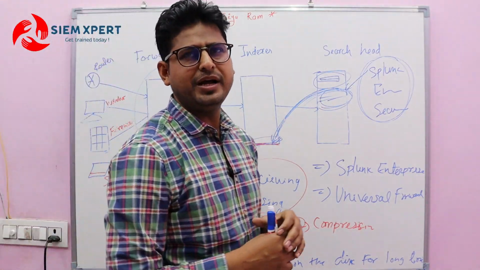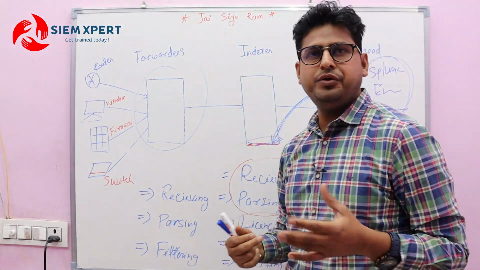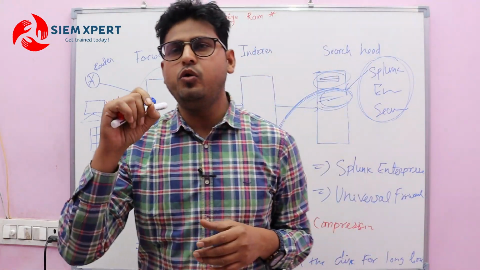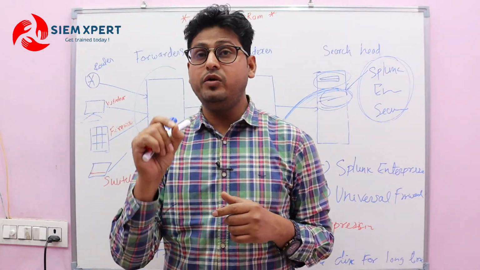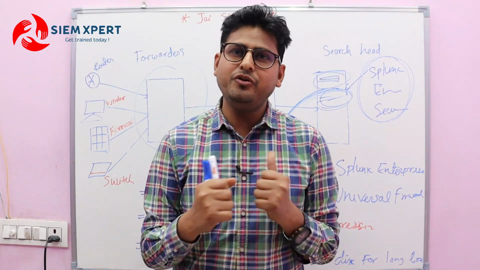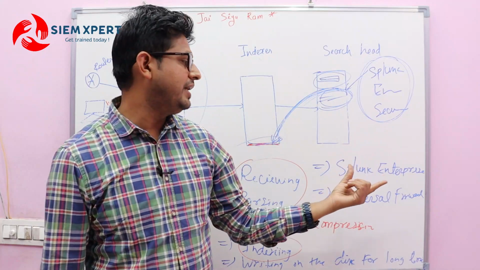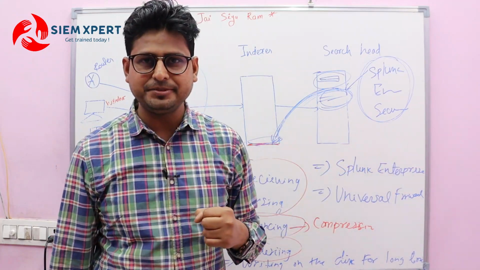They understand that Splunk has three components: forwarders, indexer and search head. So they search on Google: download Splunk indexer, download Splunk heavy forwarder, download Splunk search head, right? But for all these three components, only one set of files is there, called Splunk Enterprise.